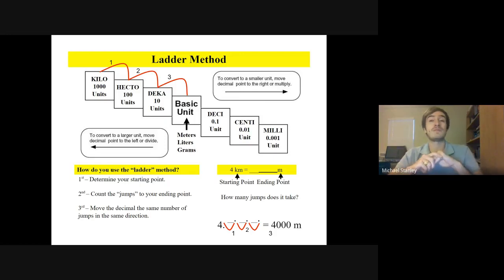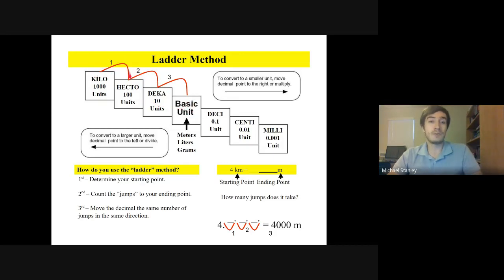Do we have to take steps to the right, or do we have to take steps to the left? So, for example, kilo is over here. That's our starting unit. Our ending point is meter, which is our basic unit. So we start here. To go from kilo to meter, we're going to move to the right, because kilo's up here, meters to our right.